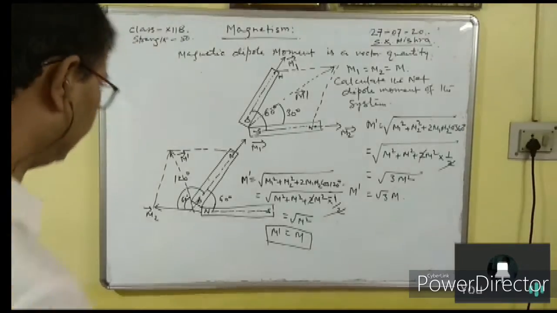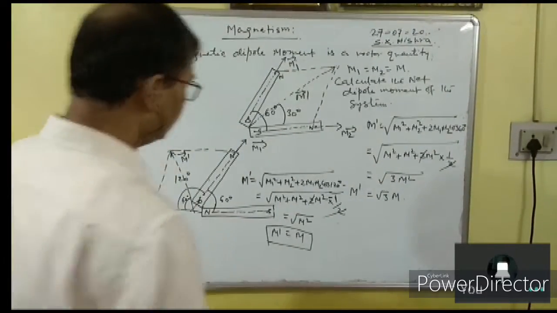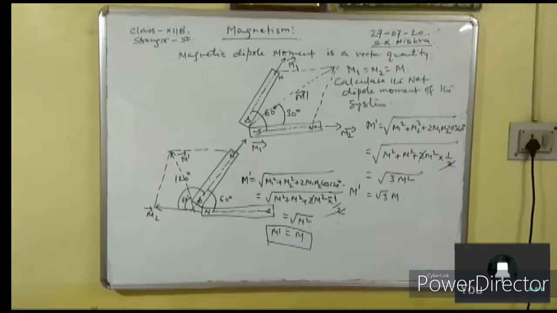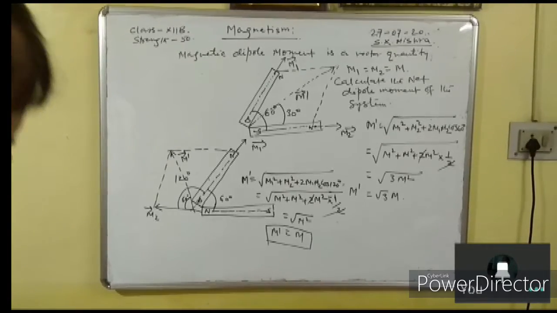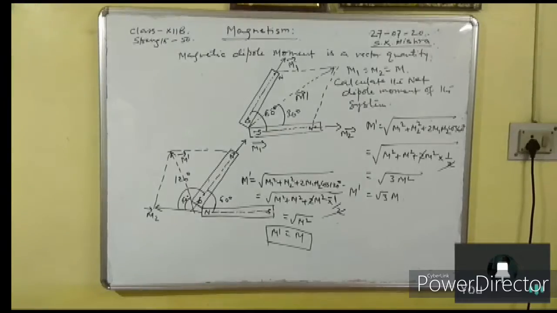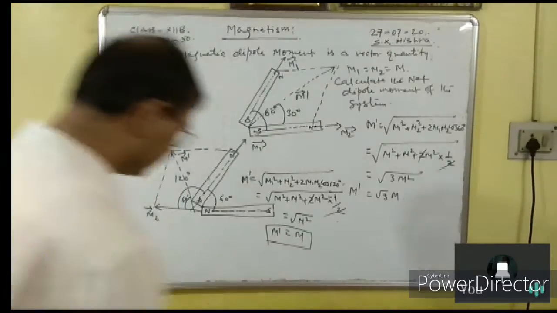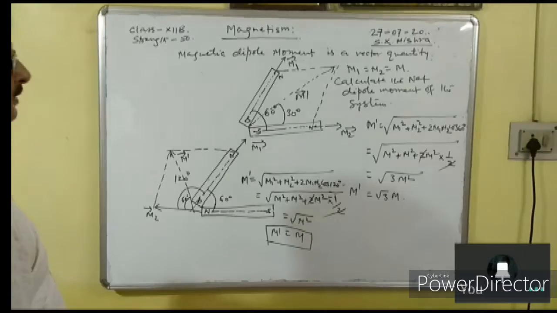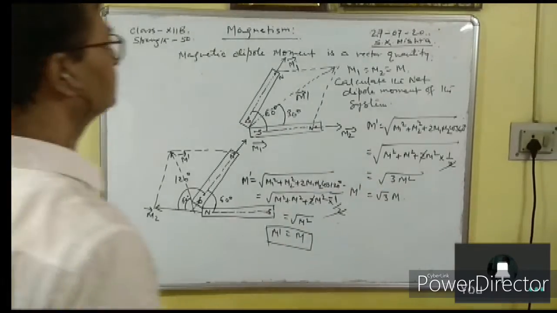Okay. So the net dipole moment, and the direction of the net dipole moment, is given by completing a parallelogram. So just complete a parallelogram. This diagonal will give the net dipole moment, m dash.